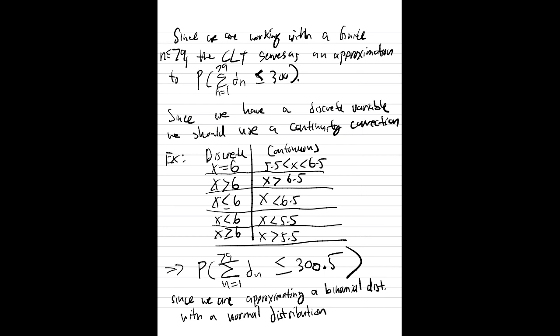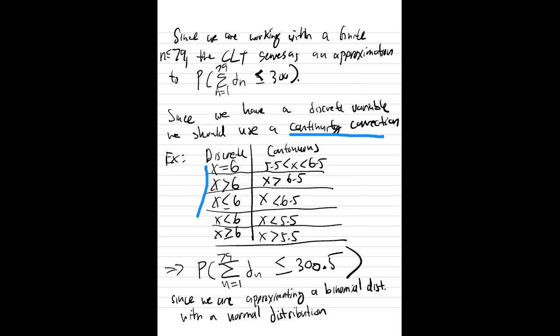So if you have a discrete variable such as the values of a dice, and you're applying the central limit theorem, you have to use the continuity correction for these values, because you're using a continuous model for discrete values. So you're going to get an inaccuracy if you don't adjust it.